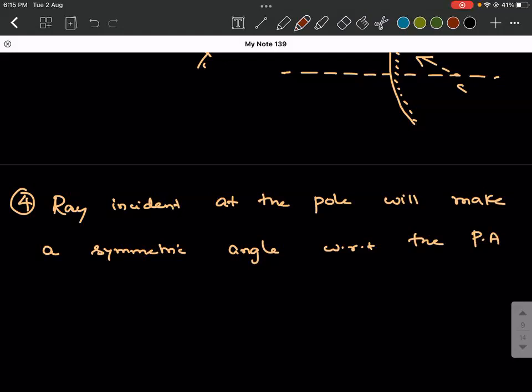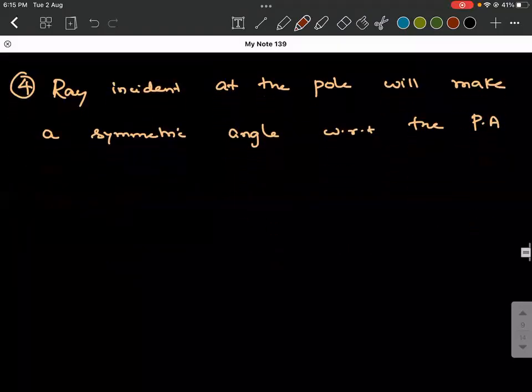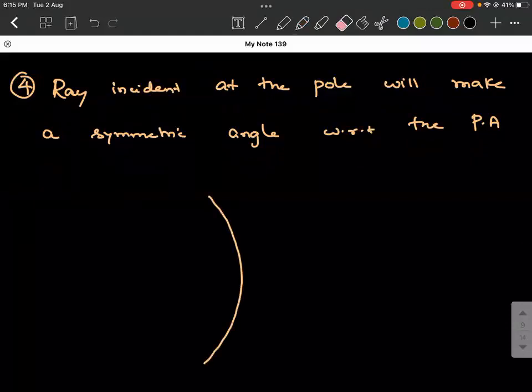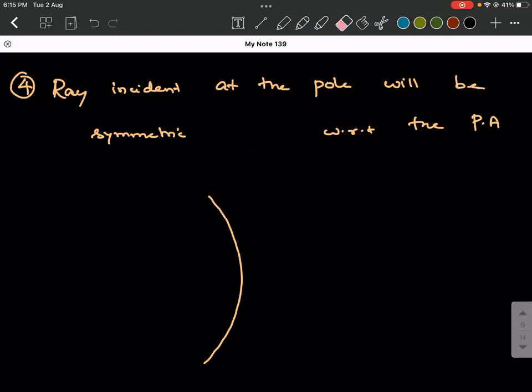PA is the principal axis. Or instead of saying it will make a symmetric angle, I'll say it will be symmetric with respect to the principal axis.